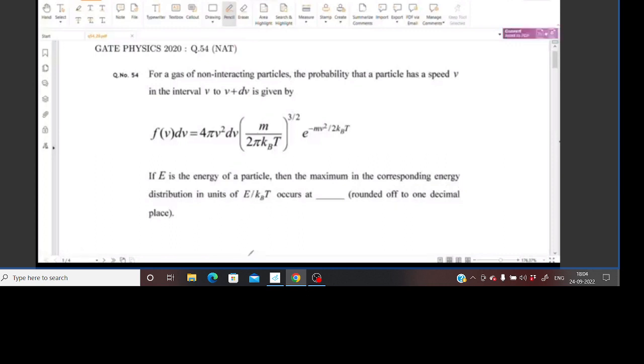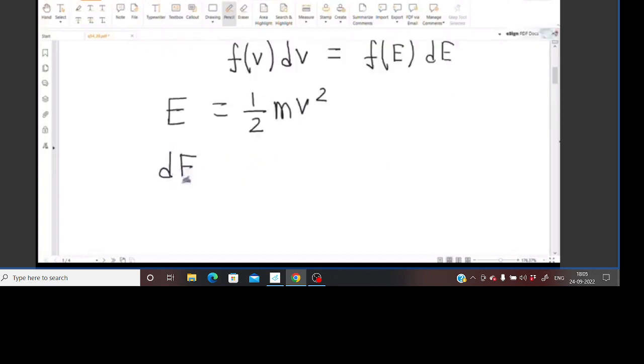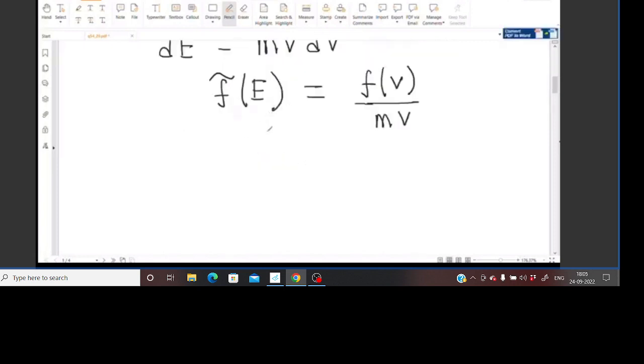Let's solve this question. We have f(v) dv equal to f tilde(E) dE, where f tilde(E) is the probability that a particle has energy between E and E plus dE. Here E equals half m v squared, so dE is equal to m v dv. So f tilde(E) is equal to f(v) by m v.